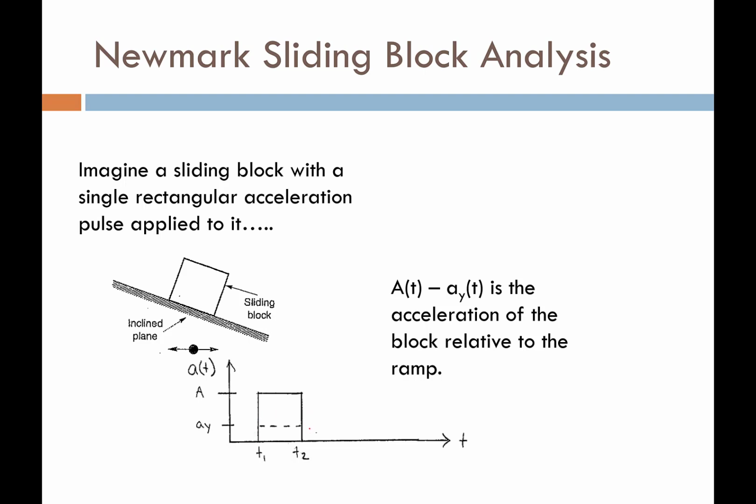So we are indeed exceeding our yield acceleration. So we're going to have relative velocity and relative displacement. So the difference between the acceleration that's applied by the ramp and the yield acceleration, this is the acceleration that's going to drive the displacement of our block. So it's really just this portion of the acceleration that we're concerned about.